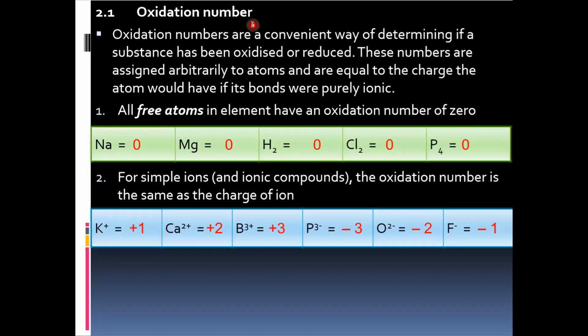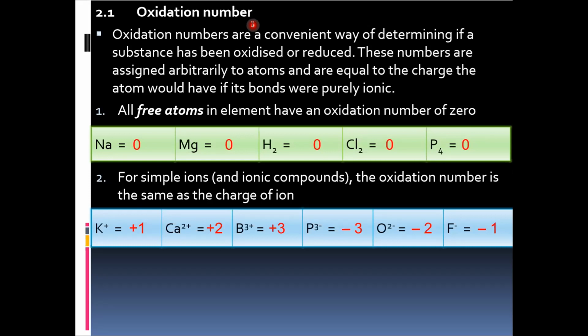So now, first we need to understand the term oxidation number, because throughout this topic, we shall be mentioning the word oxidation number very frequently. So it is very important for you to understand what the concept of oxidation number is. So now, what do we call oxidation number?